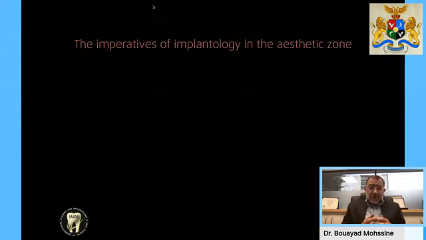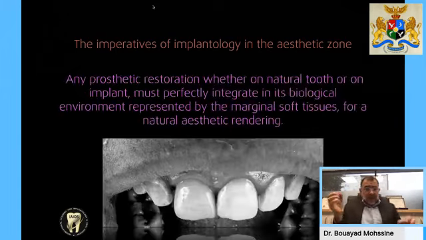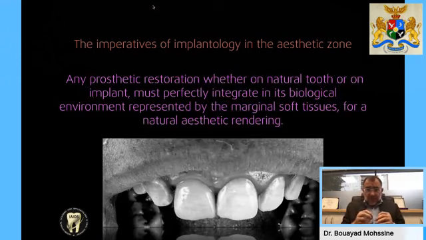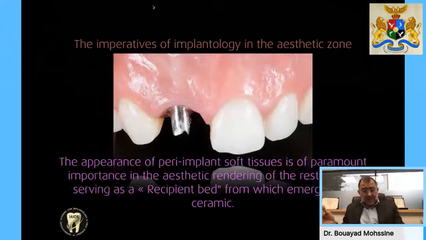There are some imperatives for implantology in the aesthetic zone. Any prosthetic restoration, whether on natural tooth or on implant, must perfectly integrate in its biological environment, represented by the marginal soft tissue, for a natural aesthetic rendering. The appearance of peri-implant soft tissue is of paramount importance in the aesthetic rendering of the restoration, serving as a recipient bed from which emerges the ceramic.